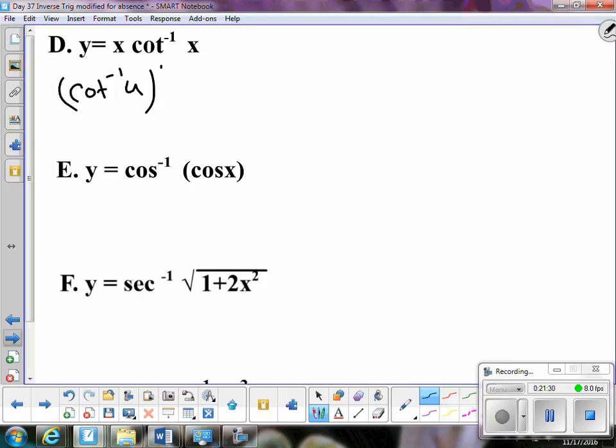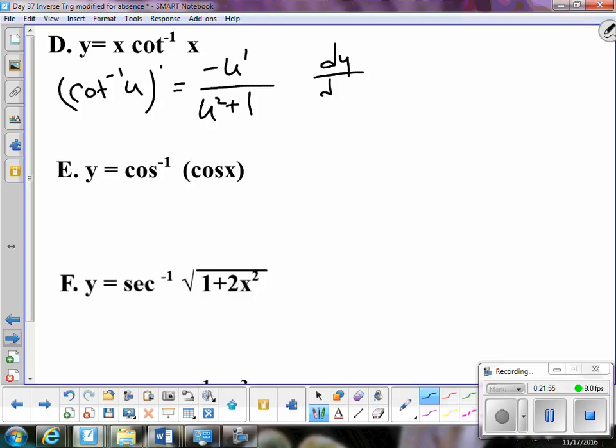Now it's an inverse co-trig function, so it's going to be a negative u prime up top. And for the denominator, it's u squared plus 1. But again, we're not just going to do that because we're not just taking the derivative of inverse cotan. All right, we have a product rule we have to take care of.